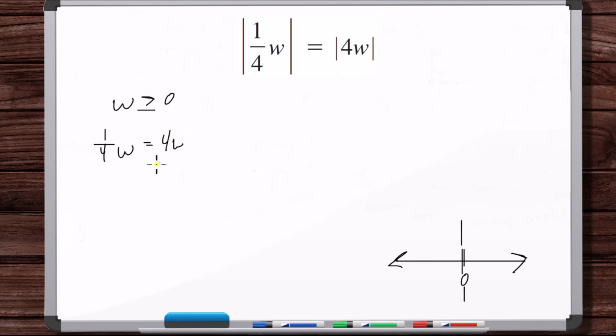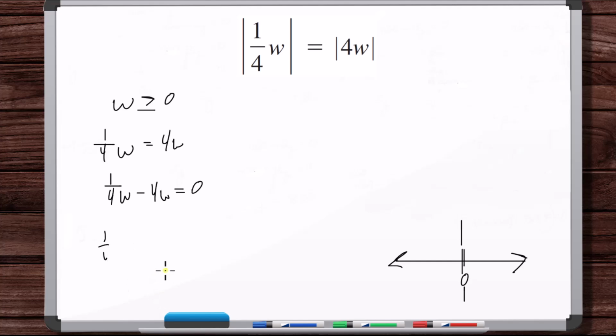But remember, let's solve this like a polynomial equation. We want to be careful dividing both sides by a variable. You have to remind yourself that you're doing that. So 1/4 w minus 4w. So 1/4 minus 16/4 is minus 15/4.